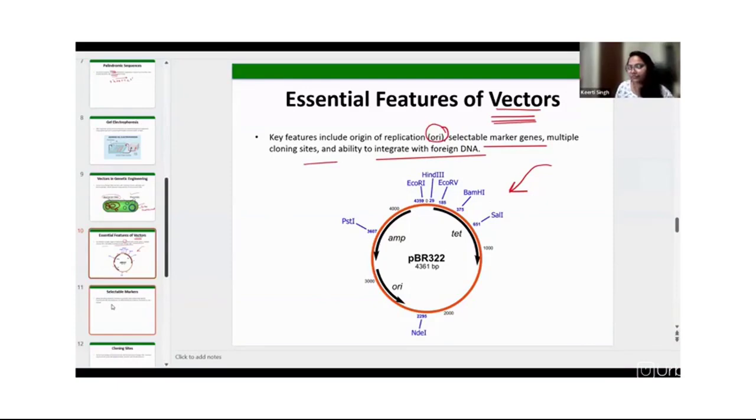So after this, we have this plasmid DNA. What will happen? When our DNA of interest is transferred into this plasmid DNA, this DNA molecule will be called what? Recombinant DNA molecule.